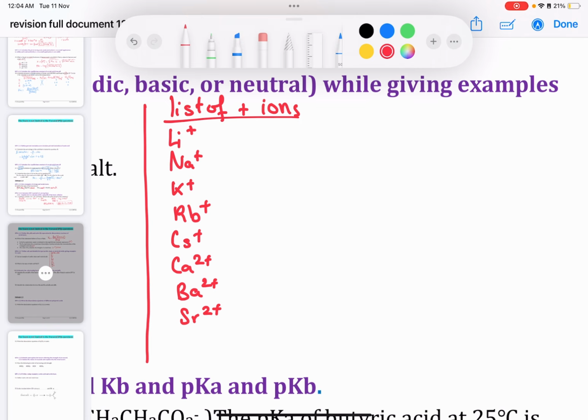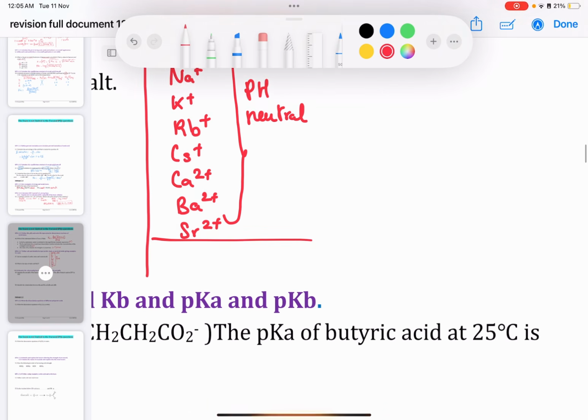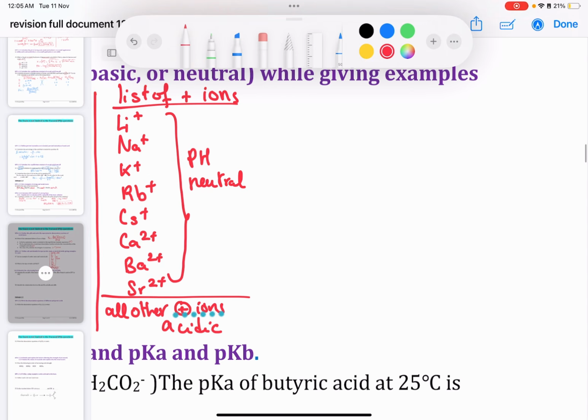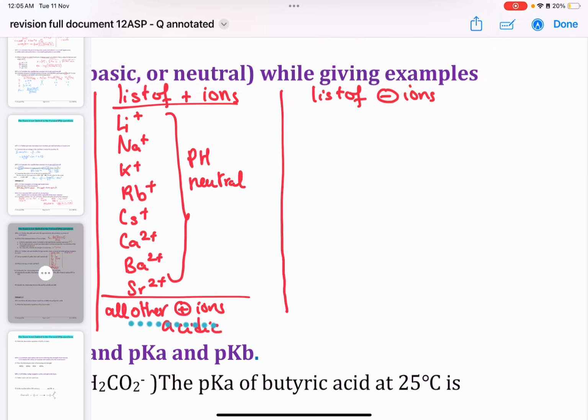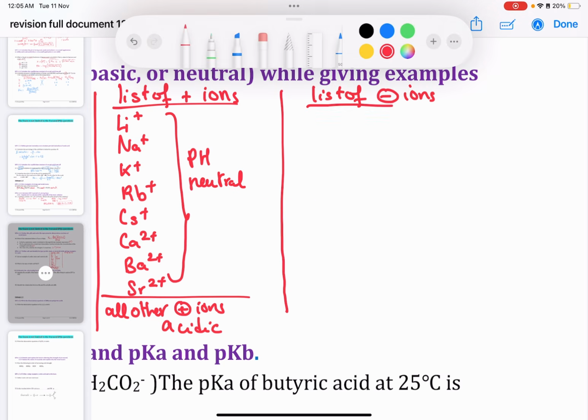If you see this list of ions, you call them pH neutral, and all other positive ions, whenever you have them in the formula, they are acidic. Now, the list of negative ions, and I am talking about the anions that are coming with strong acids, and that is Cl minus, Br minus, I minus.